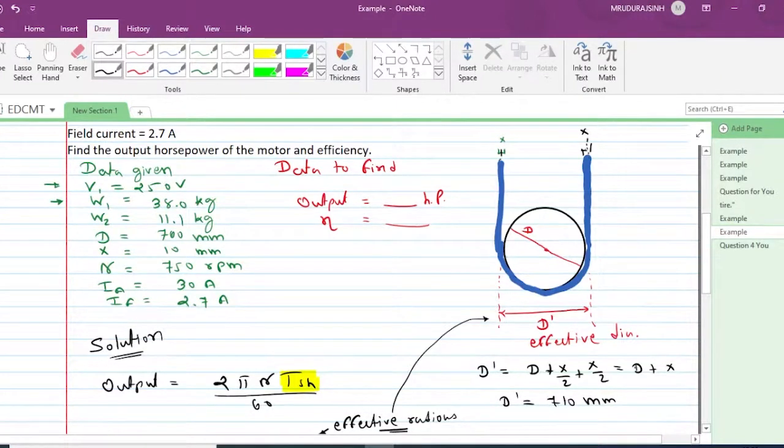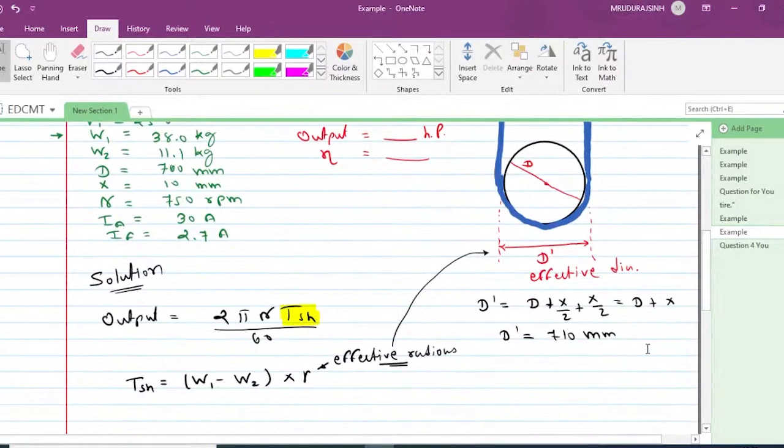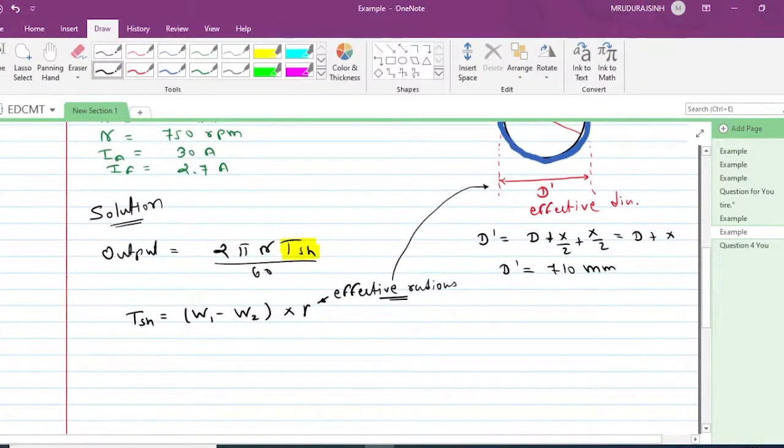So the effective diameter is 710 mm. The effective radius is D dash by 2, so it's 710 by 2, which is 355 mm.